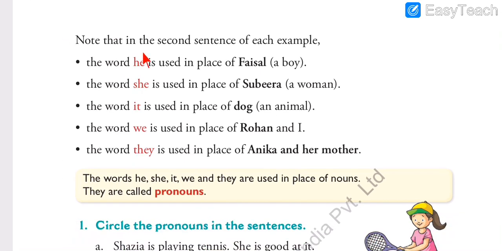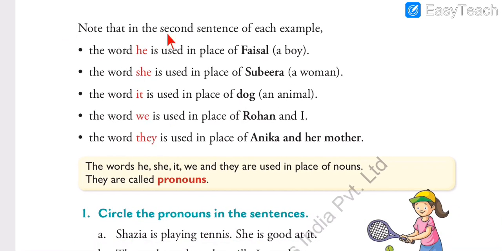Now note that in the second sentence of each example, the word he is used in the place of Faisal, the word she is used in the place of Subira, the word it is used in the place of dog, the word we is used in the place of Rohan and I, whereas the word they is used in the place of Ankita and her mother.